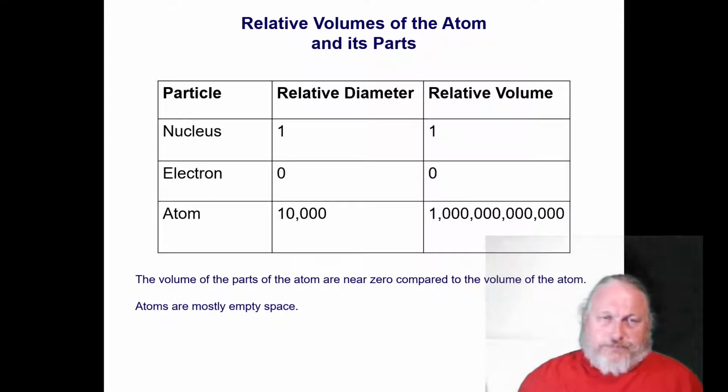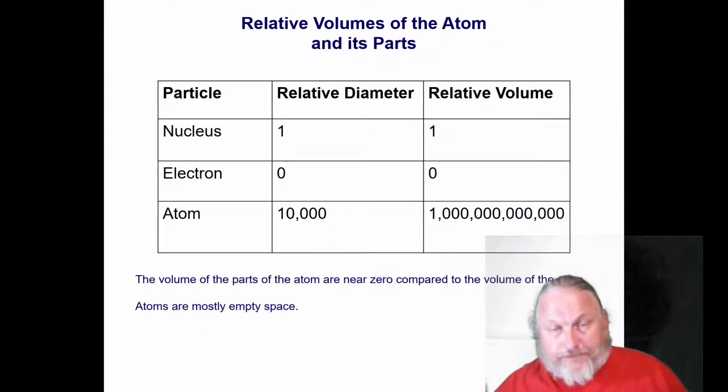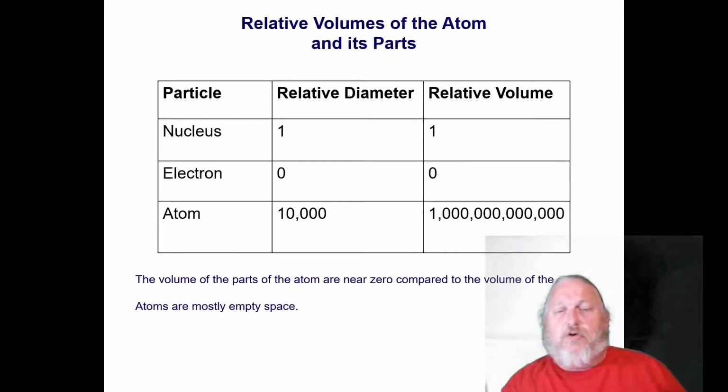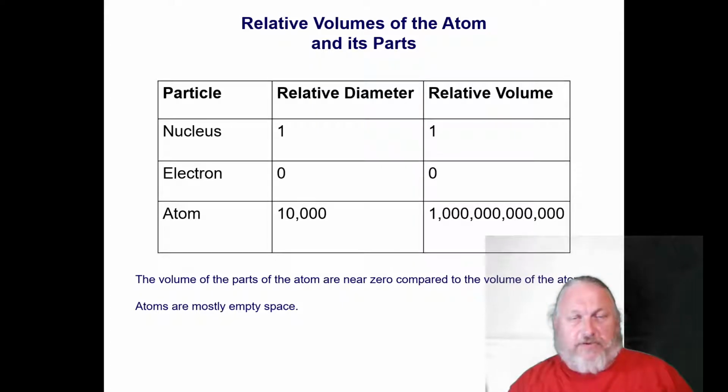So, as far as the volume, the volume of the parts of the atom are near zero compared to the volume of the atom, right? So if we say that the nucleus has a diameter of 1 and the volume of 1, the electron has almost no part of the diameter, and it has like no part of the volume.